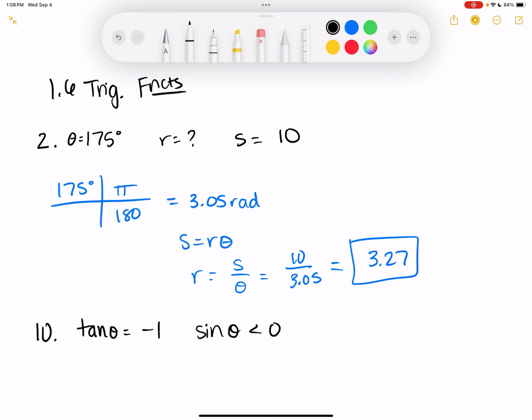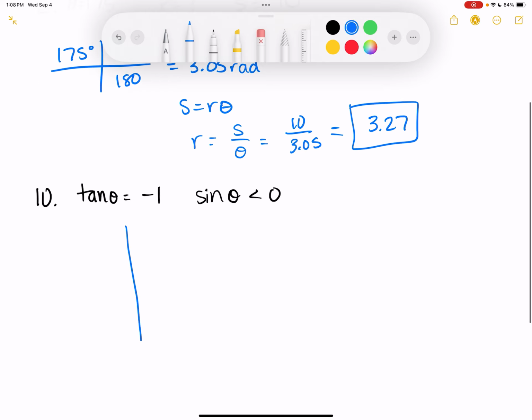What would you have said, Virginia? I have no idea. My mind thought 4, but I couldn't back it up. So tangent is negative in 2 and 4, but it told me that sine is less than 0, so I knew it had to be on the bottom, so the only option is for it to be over here.